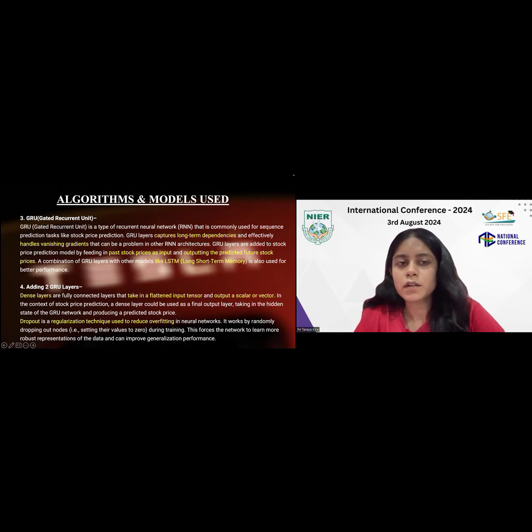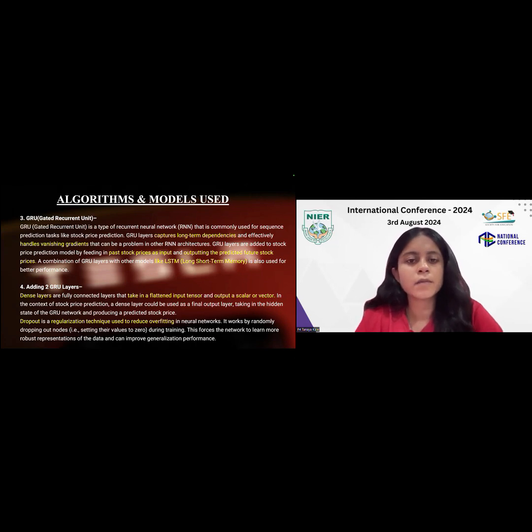So in this project, the prediction model is fed with past stock prices as input, and the predicted future prices are taken out as output using the long short-term memory model under the GRU model. Then under the GRU model, there are two layers added over here, that is the dense layer and the dropout layer.